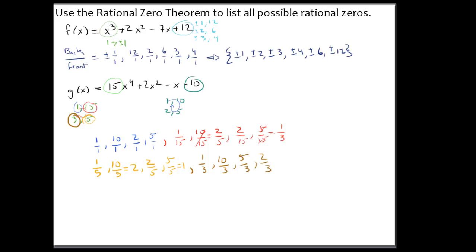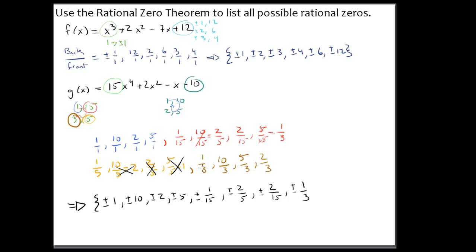Okay. Let's put this all together and list them out. We have plus or minus 1, plus or minus 10, plus or minus 2, plus or minus 5. We took 1 into account, so we don't need that other 1, don't need 2. Is there a 5 in here? No. Okay. Plus or minus 1/15, plus or minus 2/5, plus or minus 2/15, plus or minus 1/3.